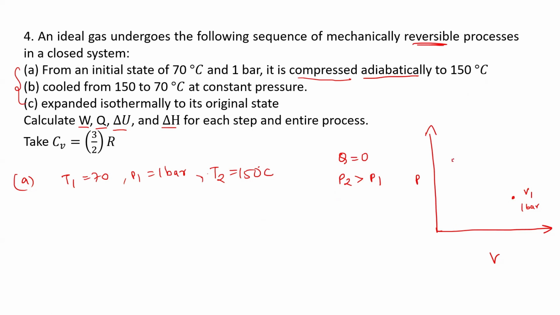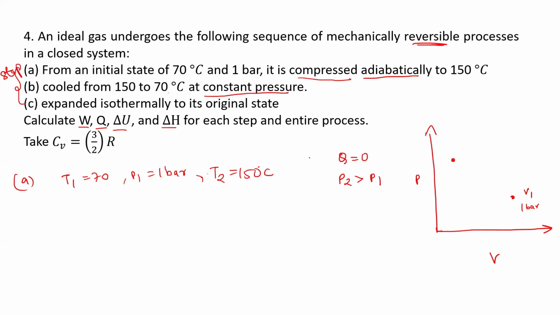So the final point should be somewhere here. Then it is cooled from 150 to 70 at constant pressure. We'll go slowly, coming from step one to step two. The step one is this.